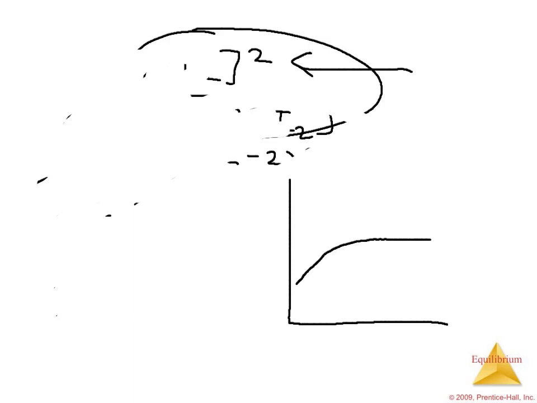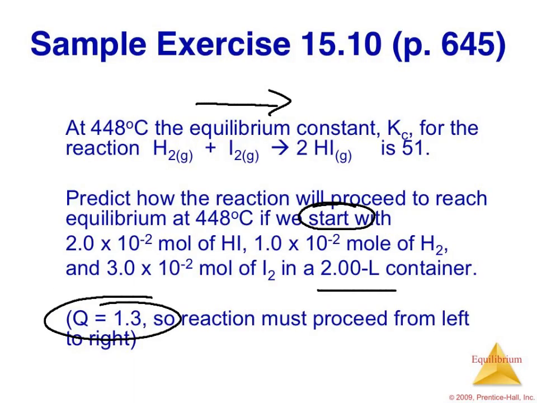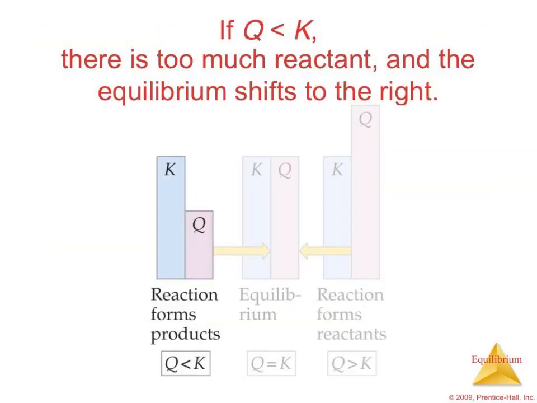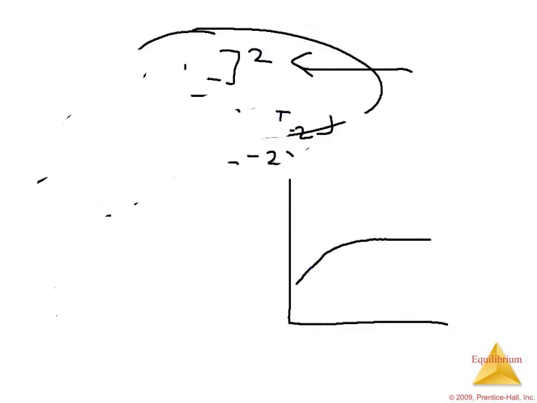But your H2 and your I2, let me try and get this right. The H2 actually starts lower, so this is our HI here. Our H2 actually starts lower in concentration than the HI, but it decreases even a little bit more.